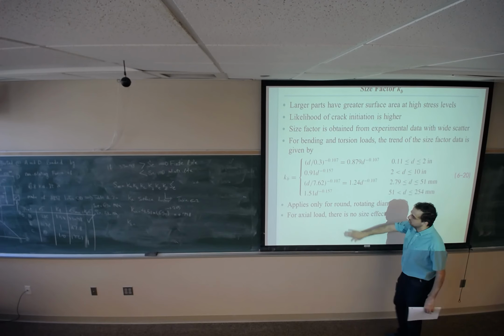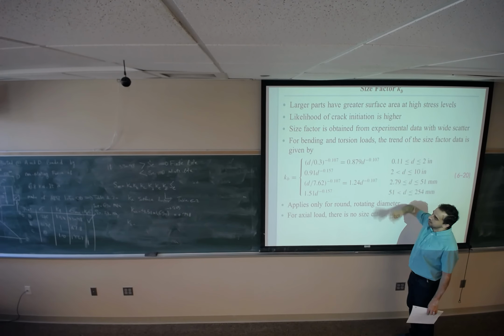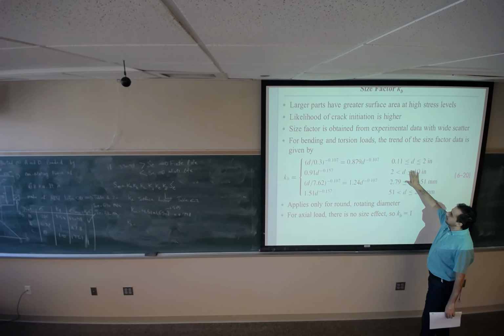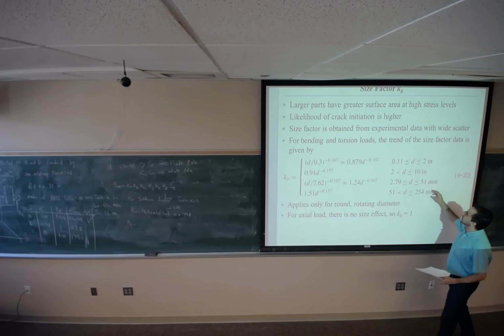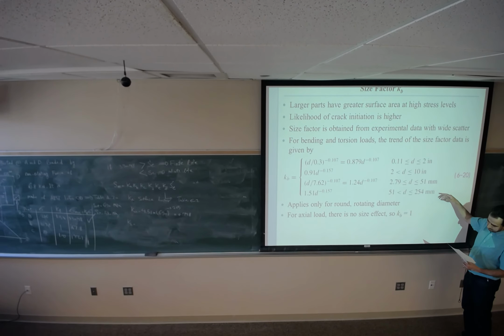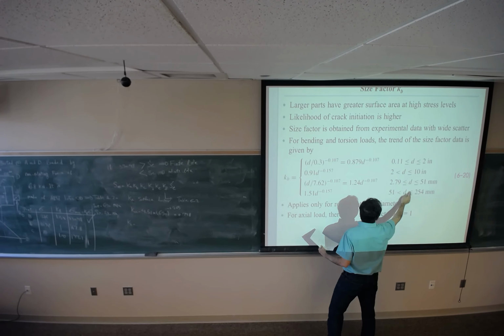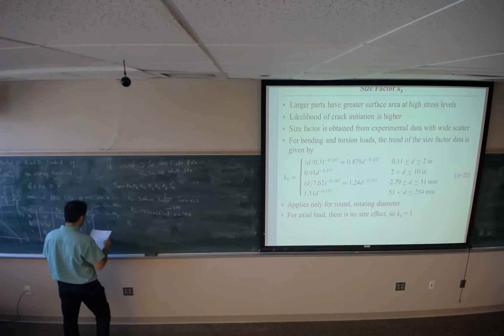So if you have axial load, KB is going to be 1. If you have a bending moment, it's round and the shaft is rotating, so we are going to use this equation. In millimeter, the diameter is less than 51.